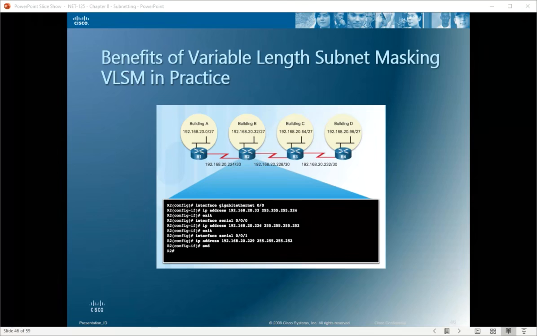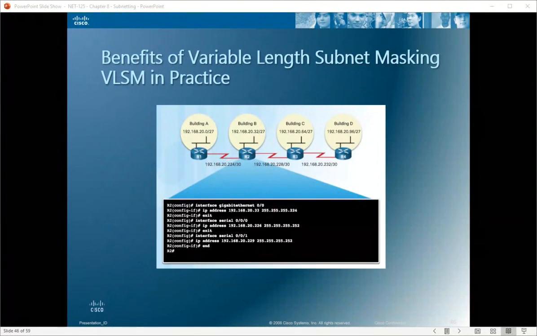So 224: 128 plus 64 is 192, and then another 32 is 224.